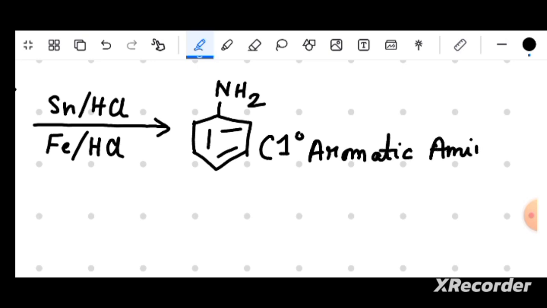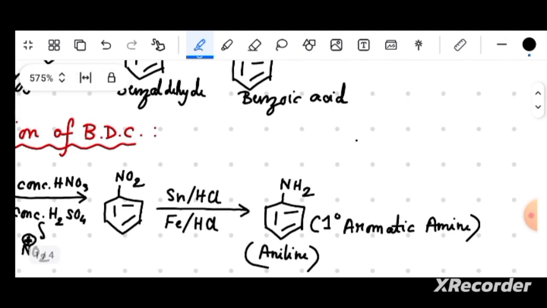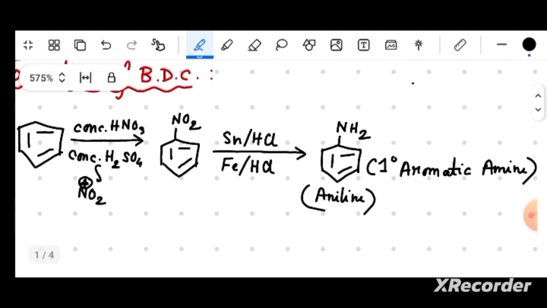It has a characteristic smell as well. So aniline is a 1-degree aromatic amine. From aniline we will use different reaction steps to form benzene diazonium chloride.